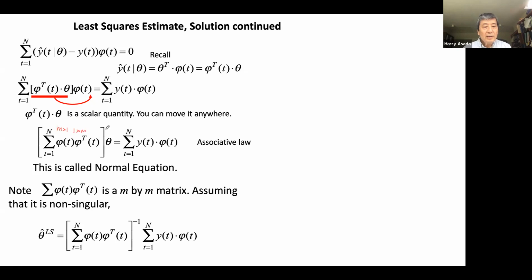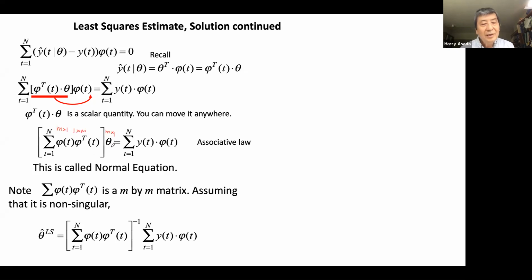And here theta is m by 1, right? So you see this three vector multiplication is consistent in terms of the dimension, m by 1, 1 by m, m by 1. So we can apply the associative law to this. So put the parentheses here, and we multiply this first, followed by multiplication with the theta.